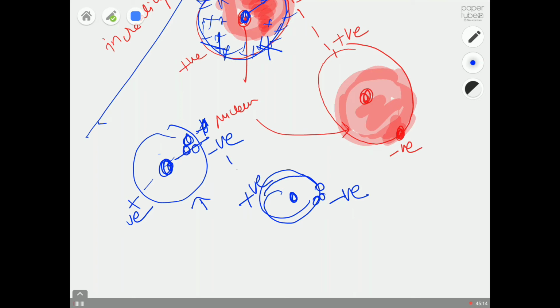So they can interact with each other because they are opposite charge, they can attract each other. So this type of forces, molecules coming together due to this type of forces, we call them van der Waals forces, or London dispersion forces. Whenever we talk about physical adsorption, the forces involved are extremely weak.